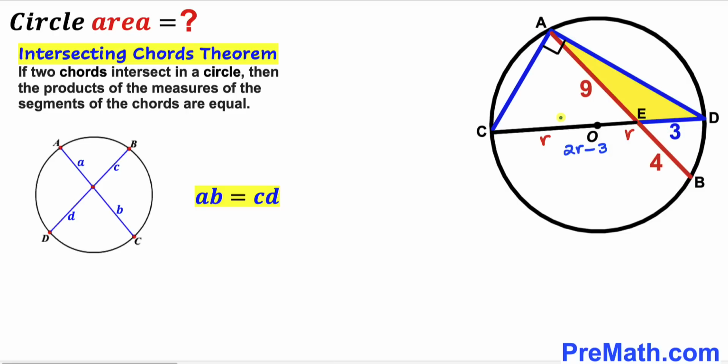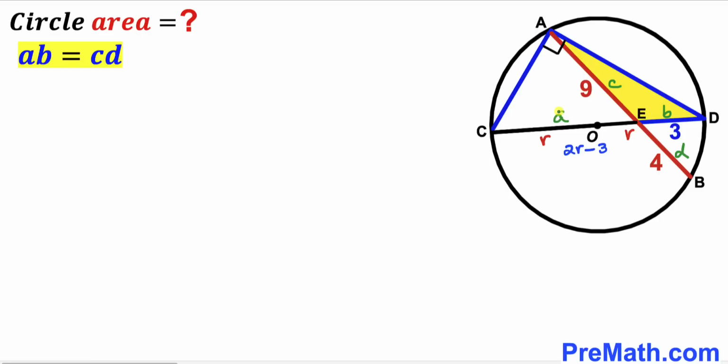Now I'm going to label this segment lowercase a, this segment lowercase b, this segment lowercase c, and finally this segment lowercase d, such that segment a is going to be 2r minus 3.